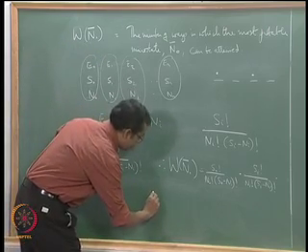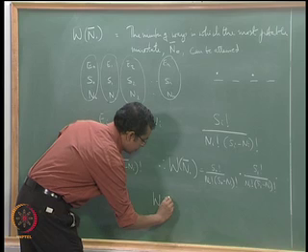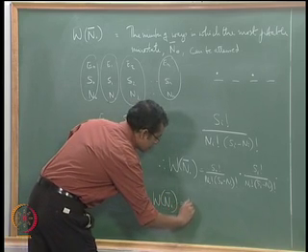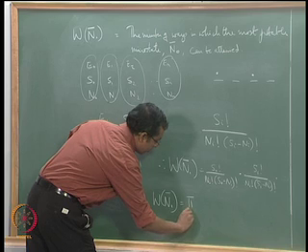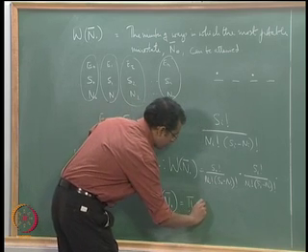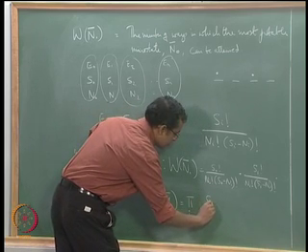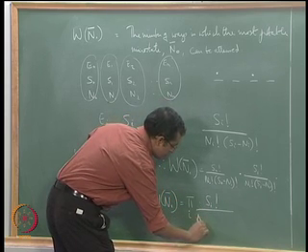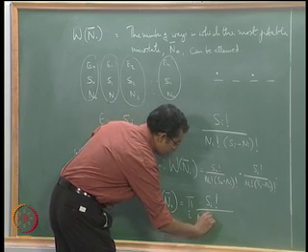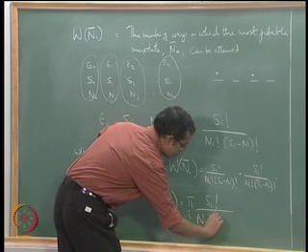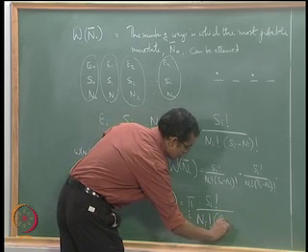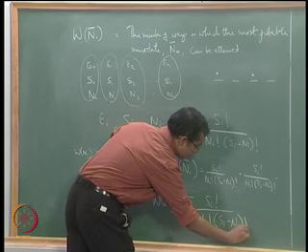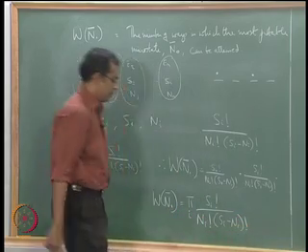So we write Wn bar is pi over i of... Okay.